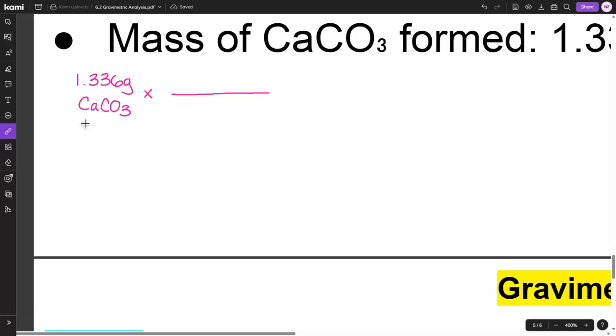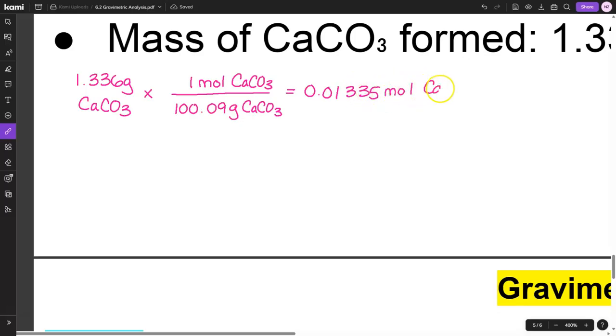I've already calculated that. It's 100.09 grams. That's how many grams are in 1 mole of calcium carbonate. Now, if you don't know how to find molar mass, go back and watch my video on molar mass. Okay, so I plugged this into my calculator, and I got 0.01335 moles of calcium carbonate.